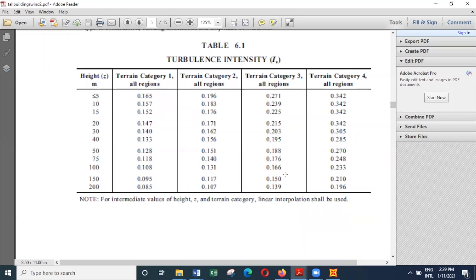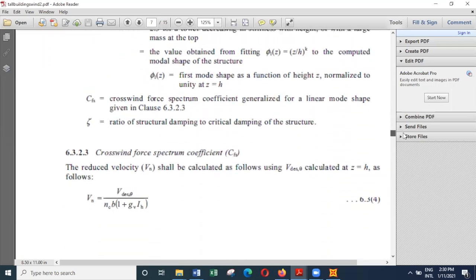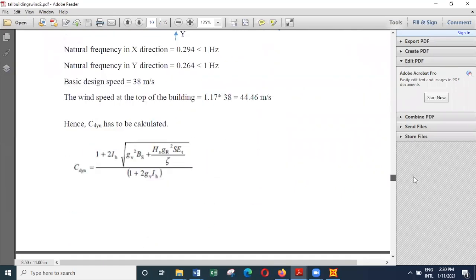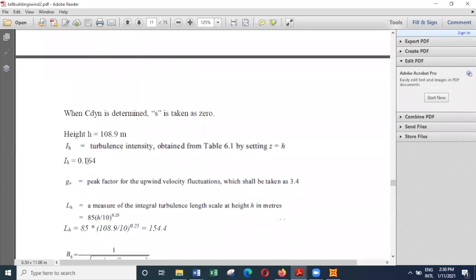You don't have to interpolate very accurately. If you get a reasonable value, it would be okay. So I use 0.164 for turbulence intensity.